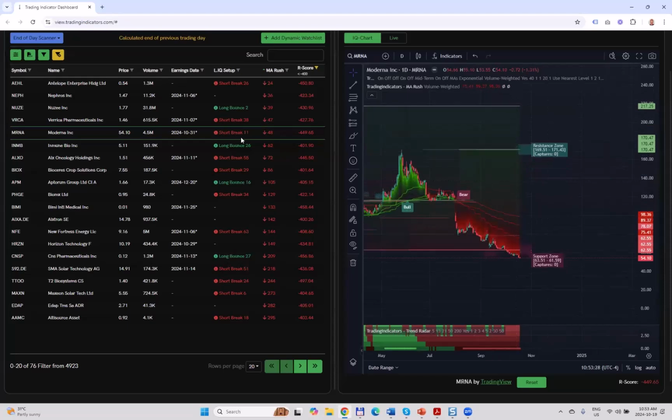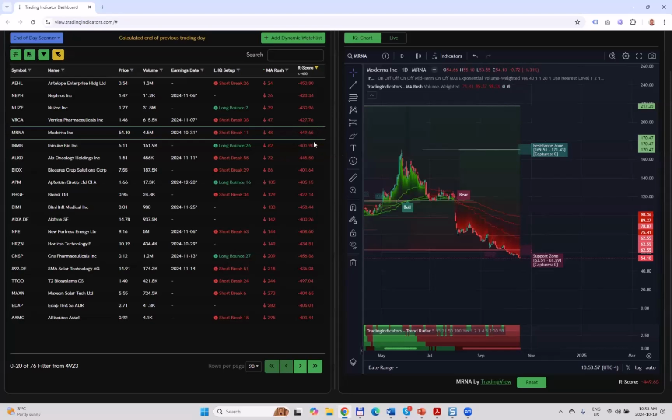We are on a short break setup, meaning that we broke support, we're trading below support, and we are very bearish from the R score. Once again, I don't really like to trade stocks to the short side, but if you were to trade this one, this could have been a nice one to the short side. Super, super bearish overall, and to me, a good candidate perhaps to go short on a zone break below support. This is what you can see here with the R score.